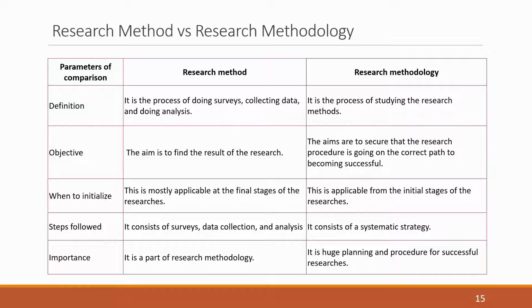So the first one, definition. Research method is the process of doing surveys, collecting data, doing analysis. That means it's the process of what you will do in your research. But research methodology is the process of studying the research method.